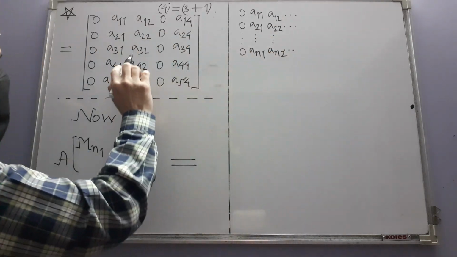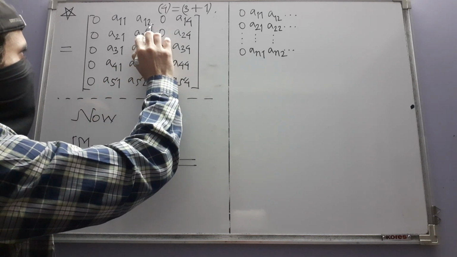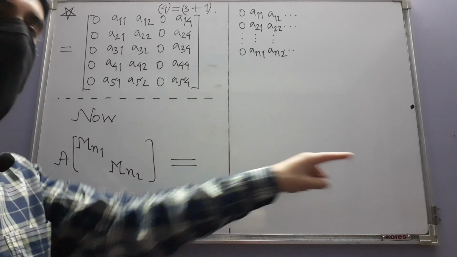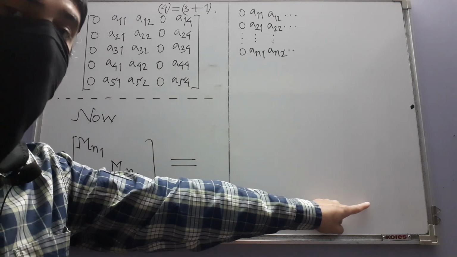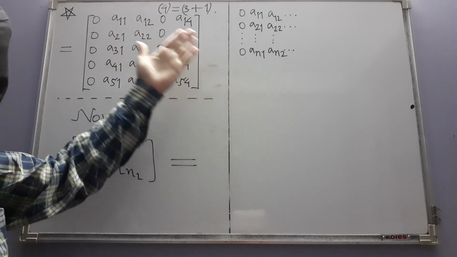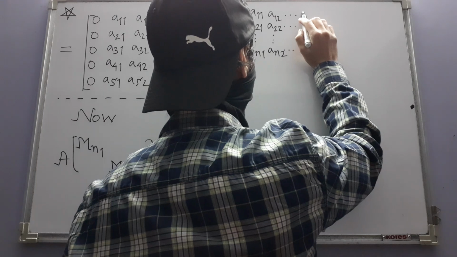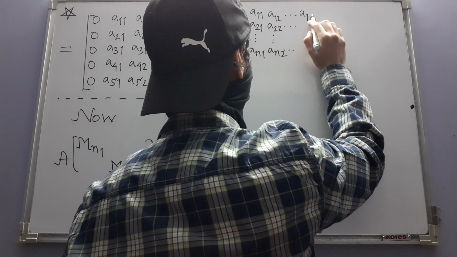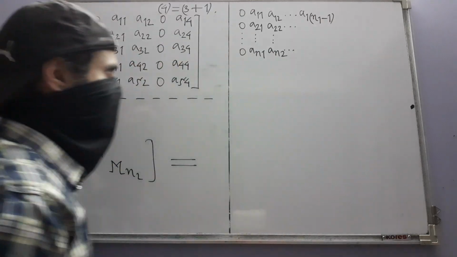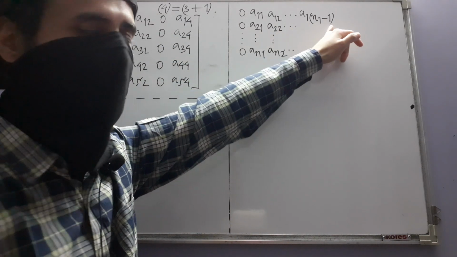So, do you see the relationship between this 2 and that one? What was N1 there in that specific example? 3. Just before hitting 3, you have to stop. That means A1, N1 minus 1. I put a bracket, but of course you understand that this is a double suffix.